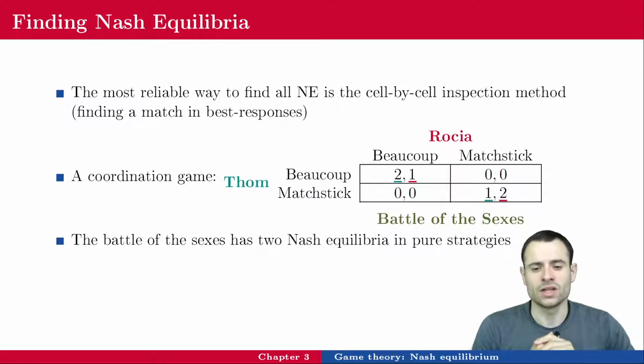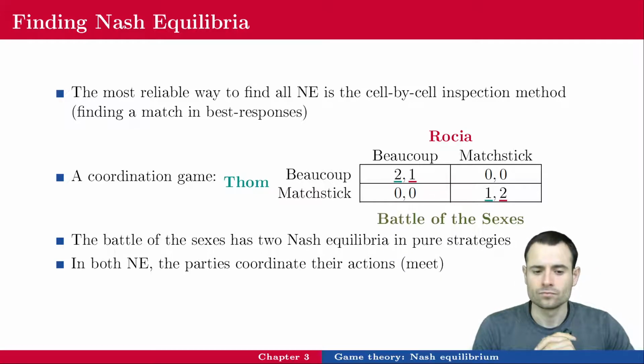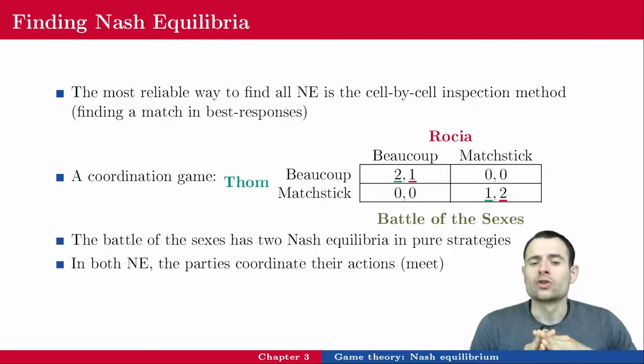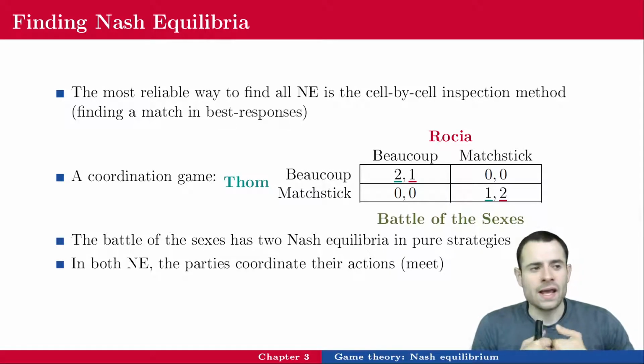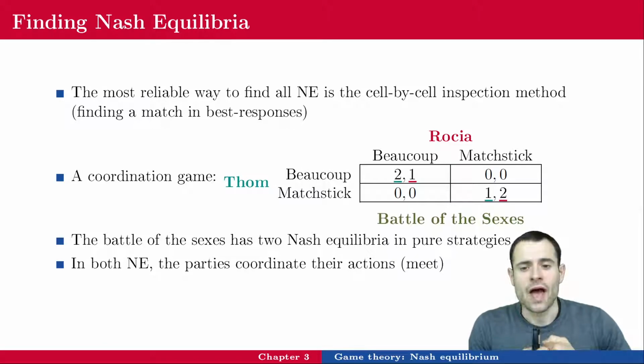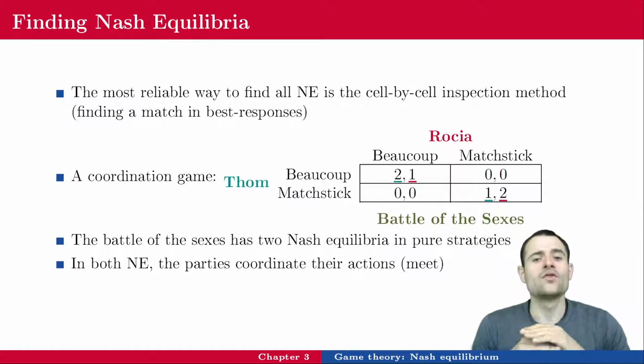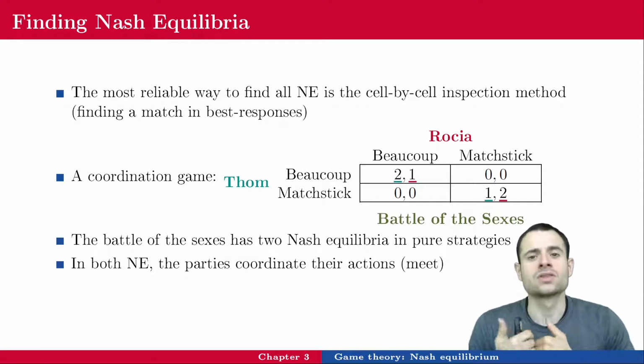I'll get over the mixed strategies in 2 weeks. In both Nash equilibria, the players go to the same place. But careful, when I say the parties coordinate, I'm not saying they explicitly talk to each other. I mean, they end up coordinating because they end up going to the same place. But they have no way to communicate about where to meet.